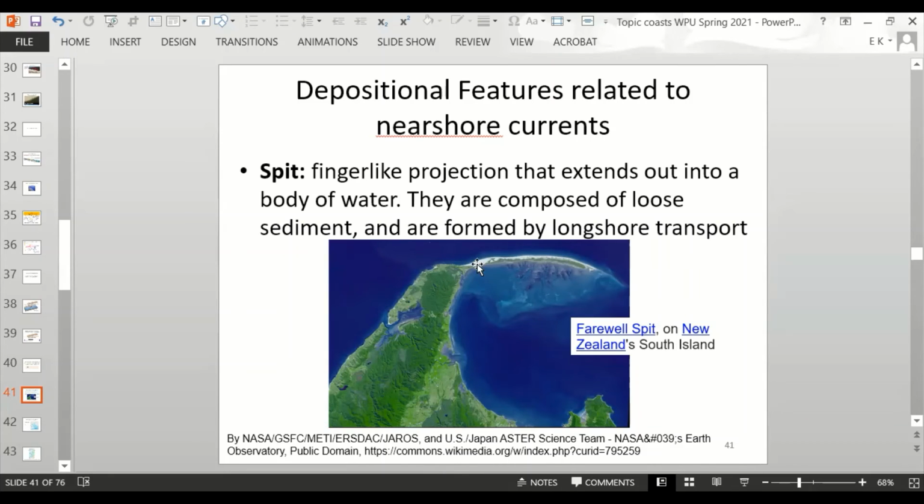So it accumulated sediments extending outward into this water, and it built up this finger-like projection here. That's your spit, okay? And it grew and it grew and it keeps growing. And you keep building up sediment with that current, with that longshore transport.